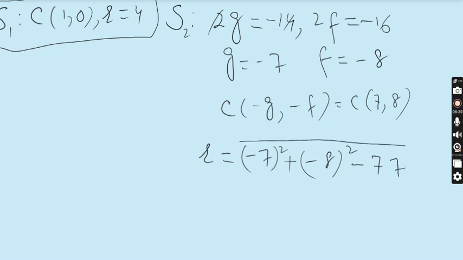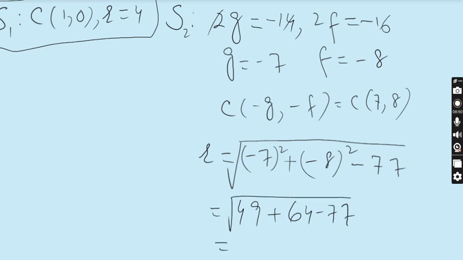Square root of 7 square is 49, 8 square is 64, minus 77. So 49 plus 64 is 113. 113 minus 77.